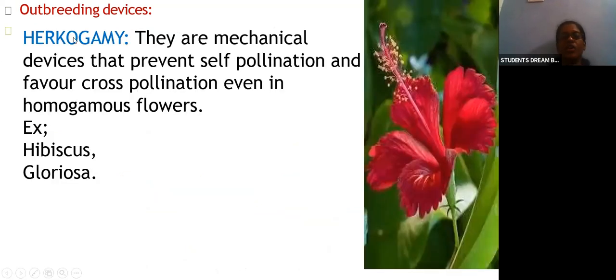Next is hercogamy. These are mechanical devices, known as mechanical devices which prevent self pollination and favor cross pollination.